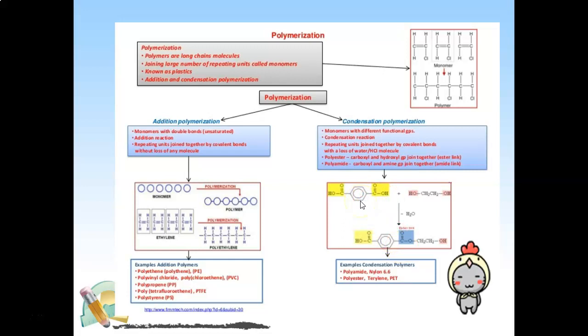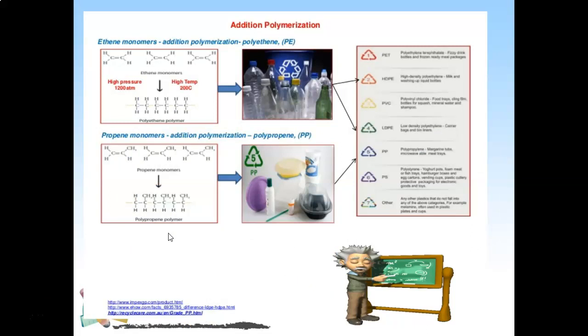For this structure, we can see that we have a diol structure and a carboxylic acid, to produce an ester group, a polyester. Examples of condensation polymers are nylon and PET, while for addition polymerization, the examples are PE, PP, PS, and so on. I'm sure you are familiar with addition polymerization and step growth polymerization.